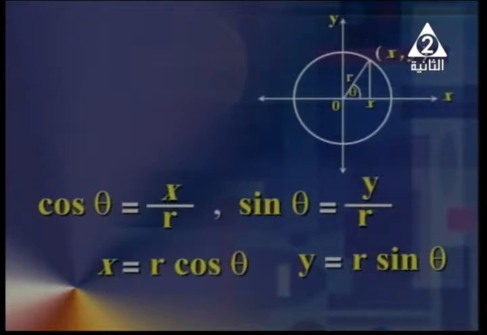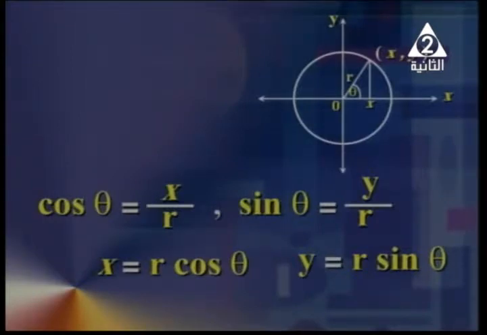Remember, dear student, if you have a point that lies on a circle, its coordinates are x and y. The first, x, corresponds to cosine, and y to sine. Then cosine theta equals x over r. What is r? r is the square root of x squared plus y squared.